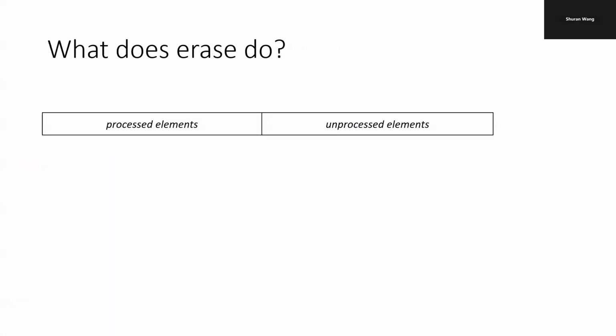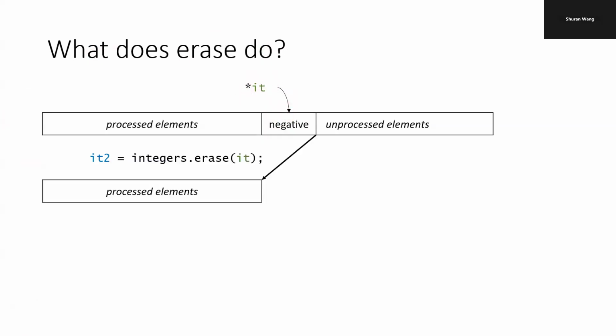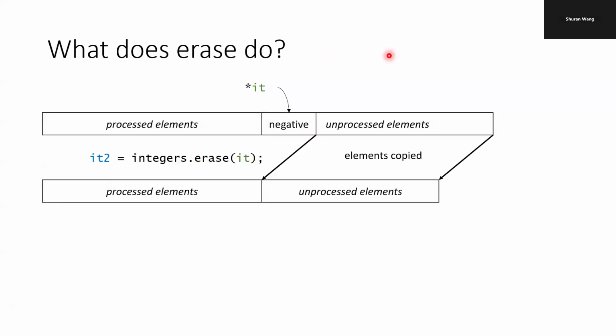What does erase do for a vector? Because we're working with an array that's continuous in memory, and we want to erase some negative number pointed to by it. What this will do is remove this one, and it will copy over all of the unprocessed elements here.